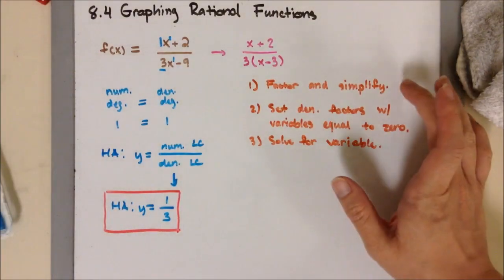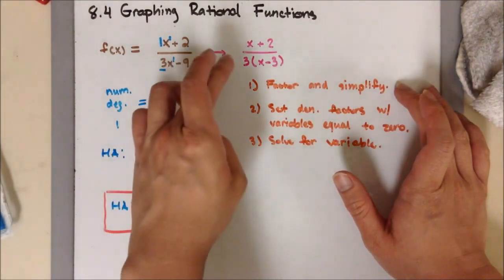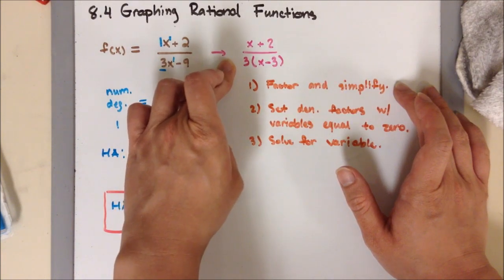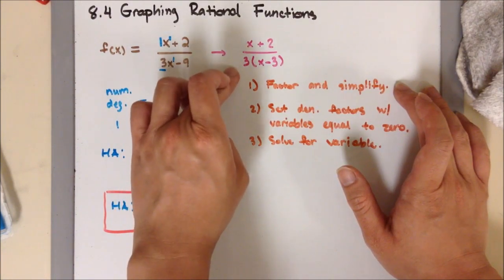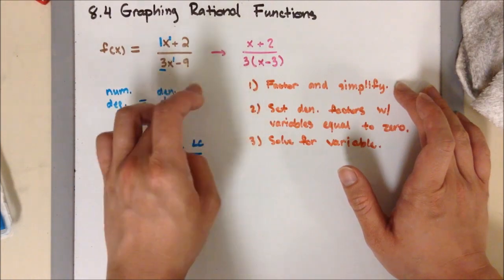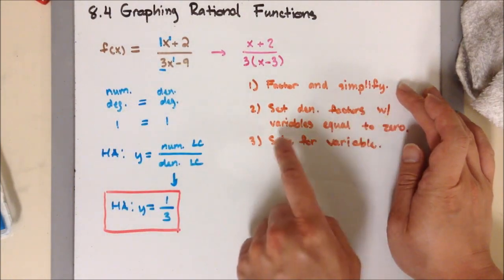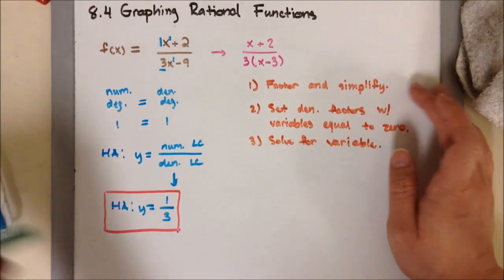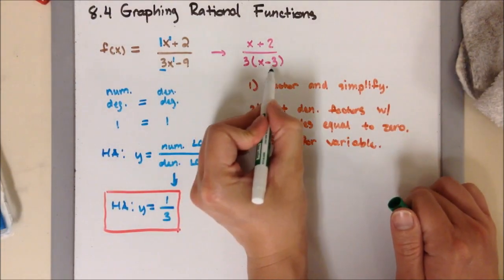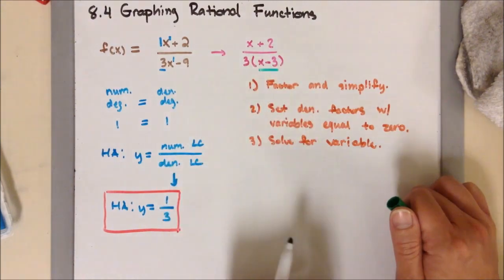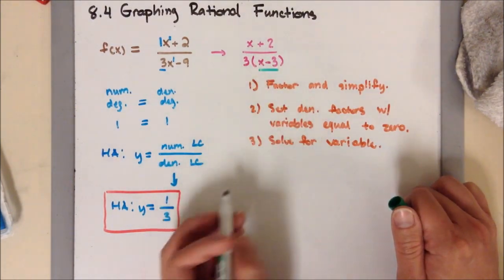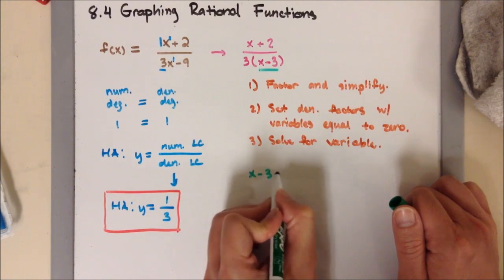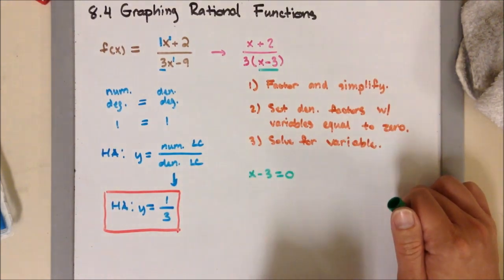So we did step 1, factor and simplify. I factored. There were no common factors for me to simplify, so this is what we have. Now we go on to step 2, set denominator factors with variables equal to 0. So that means in my denominator I'm setting x minus 3 equal to 0 because it has the variable x. That was step 2.